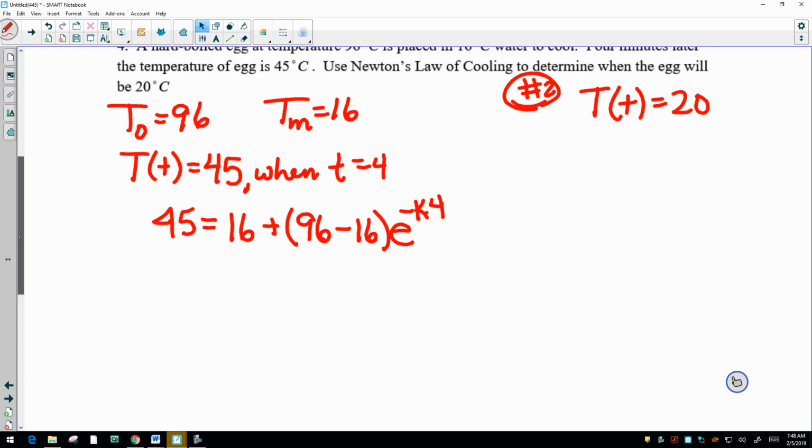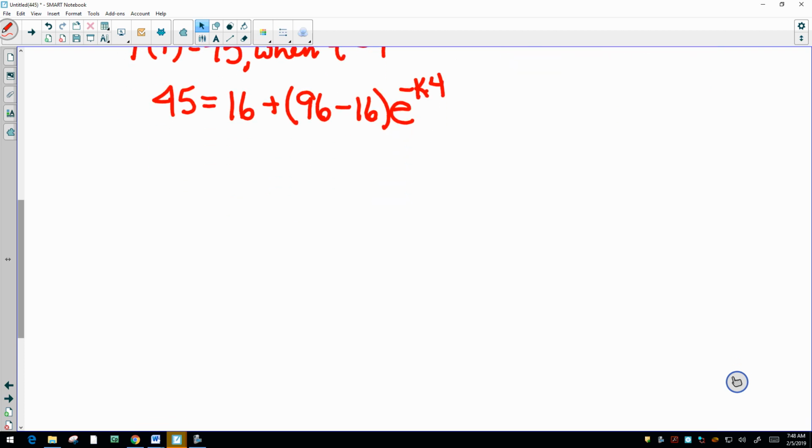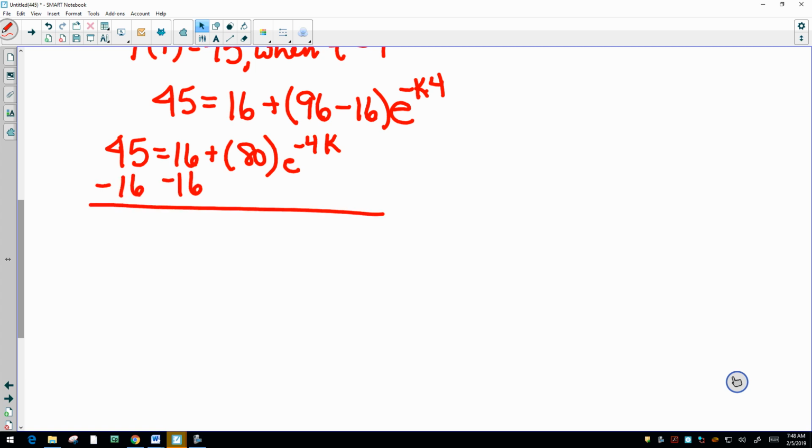So we need to solve for that constant. If we simplify within the parentheses, we get 80 e to the negative 4k. Order of operations, we want to subtract the 16 first. Don't be fooled and try to combine the 16 and the 80. Subtracting that out, we get 29 equals 80 e to the negative 4k.